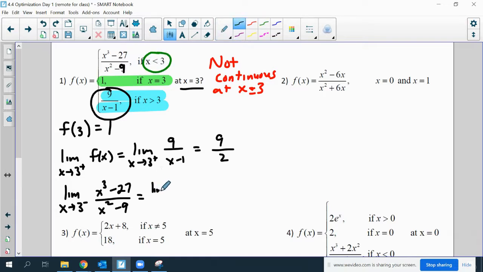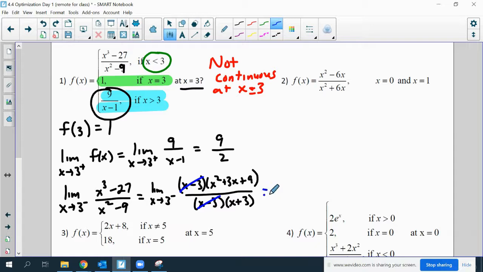So now I'm going to factor this. So the limit as x approaches 3 from the left of x minus 3 times x squared plus 3x plus 9. And that's the difference of cubes. You learned that in Algebra 2. X minus 3, x plus 3 is the factoring of the denominator. So then I can cancel those out, and then I can do a direct substitution.